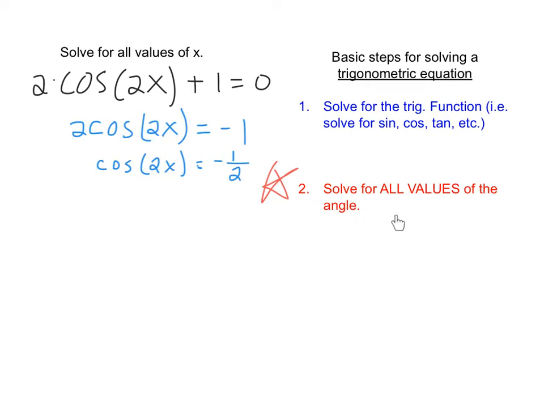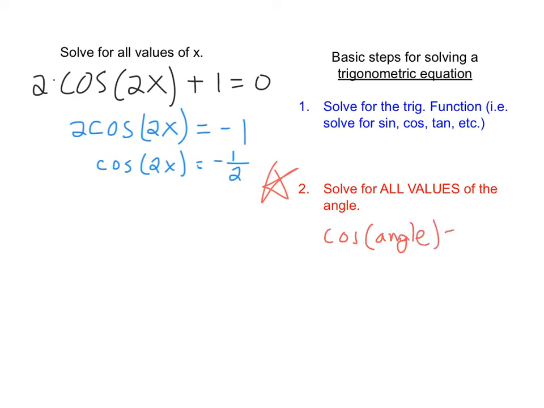Okay, so we need to solve for all values of the angle. Now the first question is, what is the angle? If we look over here, is the angle x? But you may recall we've talked about how you always take the sine, cosine, or tangent of an angle. So let's write that here just to remind you. We're going to take the cosine of an angle, right?